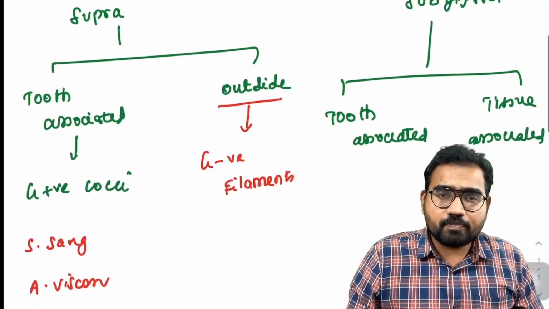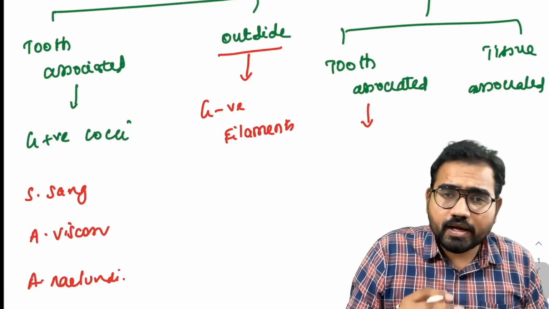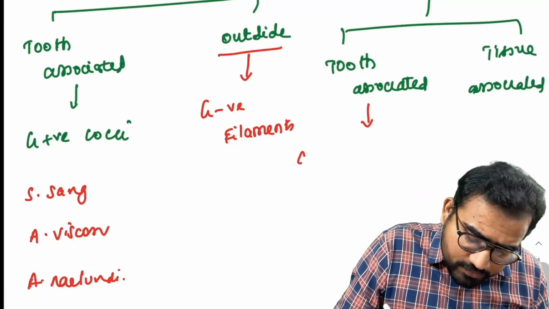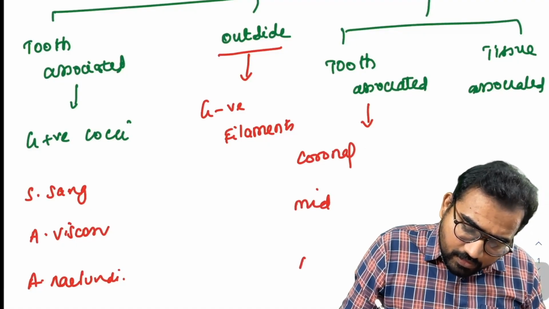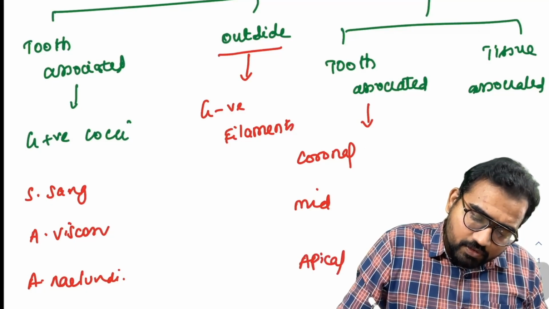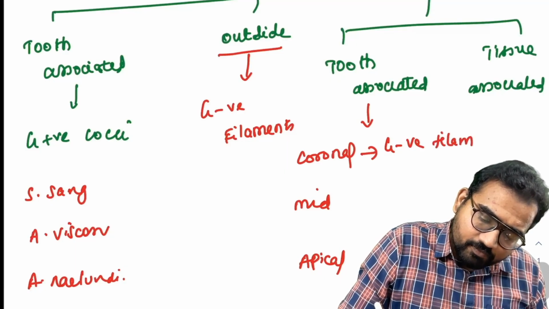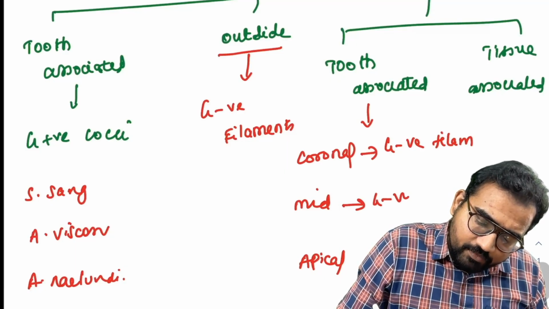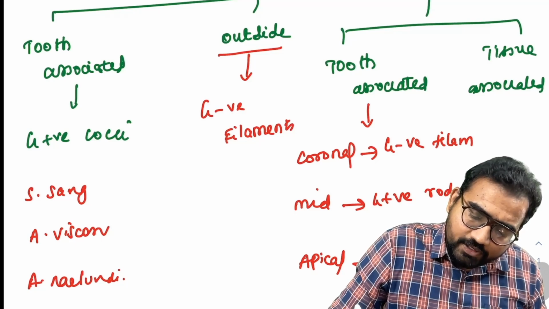Subgingival plaque, tooth associated, will be of three parts: coronal, mid, and apical. Coronal will have gram negative filaments, the mid portion will have gram positive rods, and the apical portion will have gram negative rods.